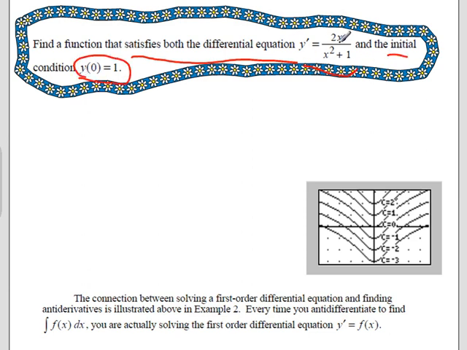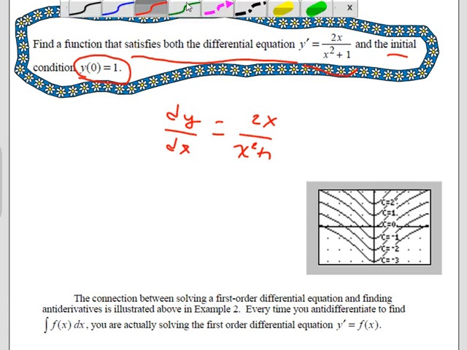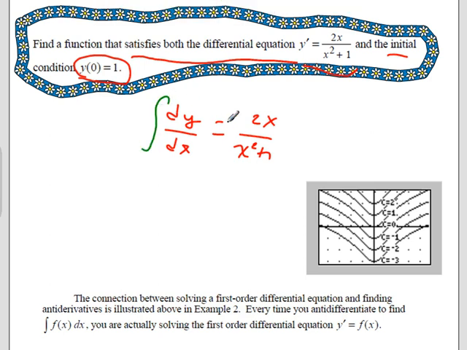Well, because there's no y's in this, it's just a straight up integration problem. We have dy/dx equals 2x over x squared plus 1. So to solve it, I'm going to integrate both sides. When I integrate both sides, I get y equals ln of x squared plus 1 plus c.